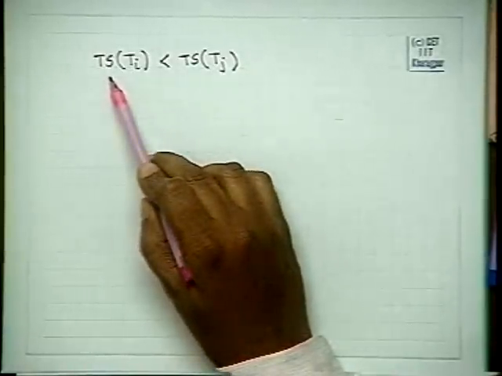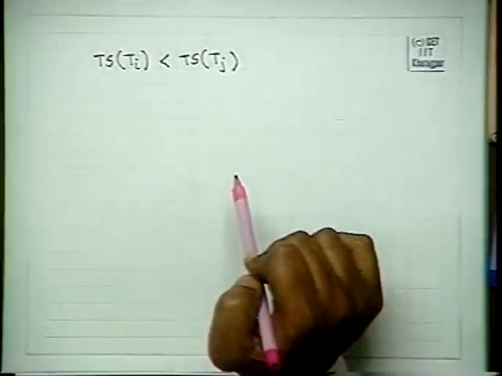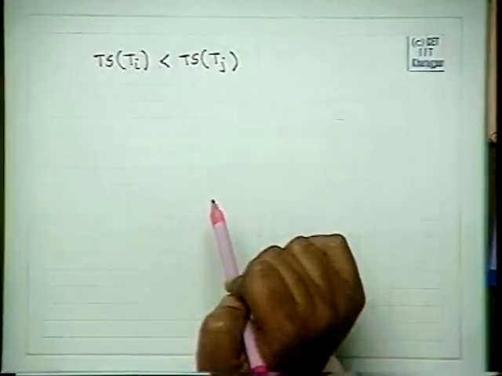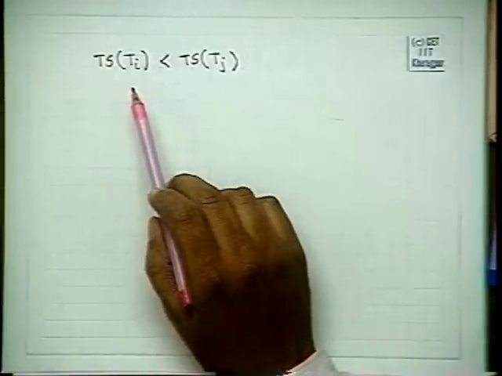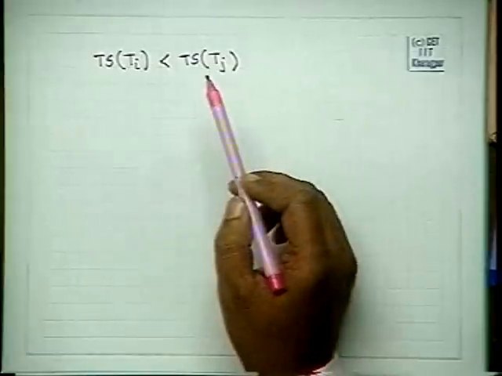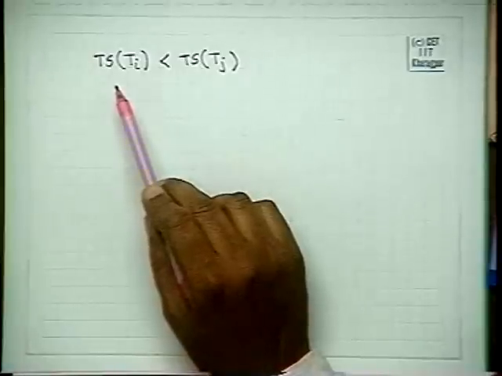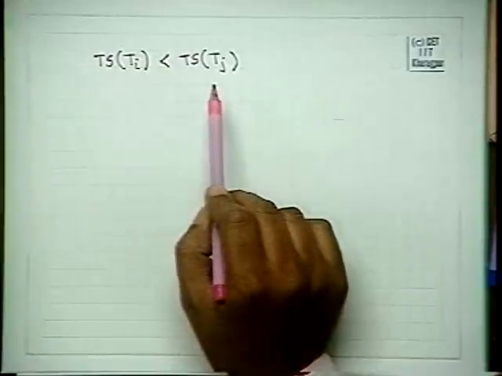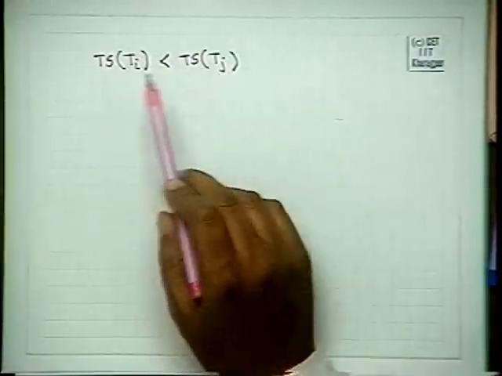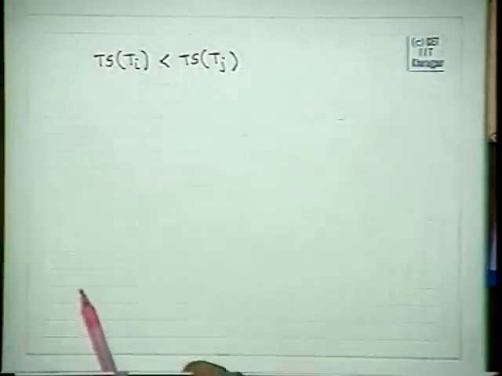It may not be a serial schedule, though it may be, that is fine, but otherwise it must be equivalent. To check this easily, we use conflict equivalence. It must be conflict equivalent to the serial schedule Ti followed by Tj. So that is the use of the first timestamp.